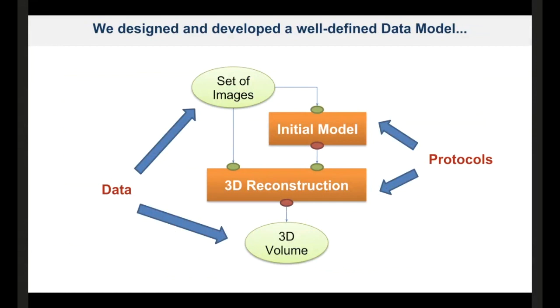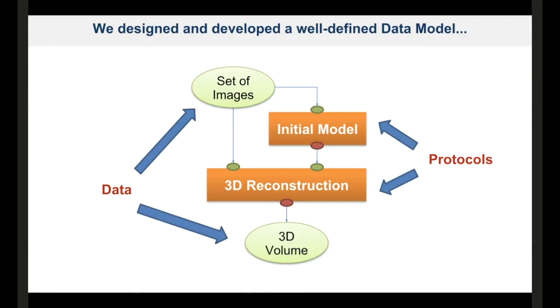For example, in this slide, we represent in boxes the processes, or protocols as we call them, and in these ellipses, we represent the data type. So in that sense, we try to model sets of images, sets of volumes, CTF, movies, and this is a more abstract concept than the underlying data files that could be MRC or TIFF, or you can represent the metadata in star files or HDF files.